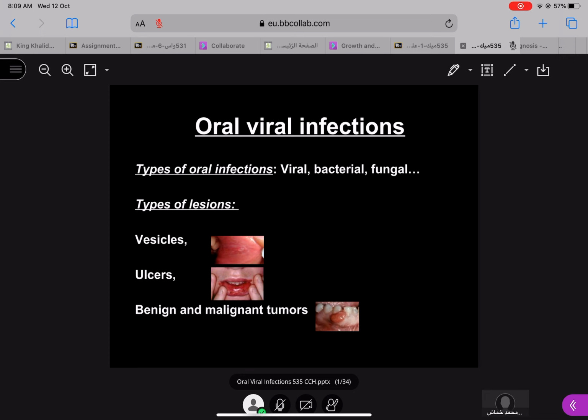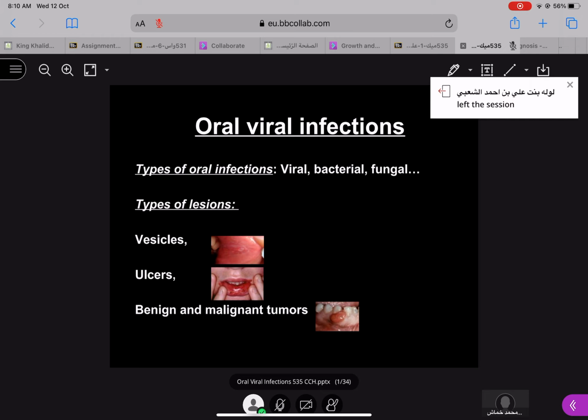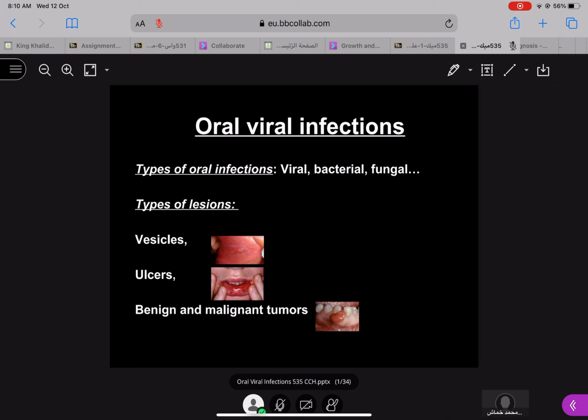Today, inshallah, we are going to cover oral viral infections. And then, if I take you back to the introduction in virology, we can classify viruses according to their genetic material into DNA viruses and RNA viruses.